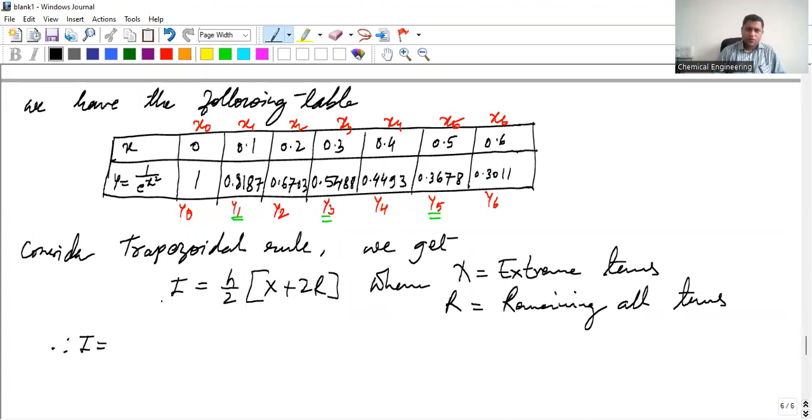So I is equal to, what is the value of h? h is 0.1 by 2 times 1 plus 0.3011 plus 2 times r.